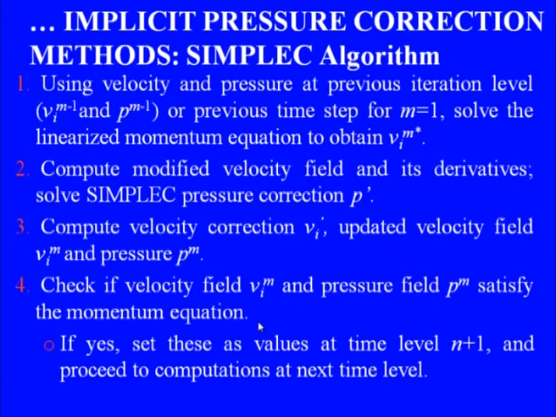Next, there was a checking step: check if velocity field Vi m and pressure field Pm satisfy the momentum equation. If yes, we have now got a converged velocity and pressure field at the current time level. So, set these Vi m and Pm as the values at time level n plus 1 and proceed to the computations at the next time level.